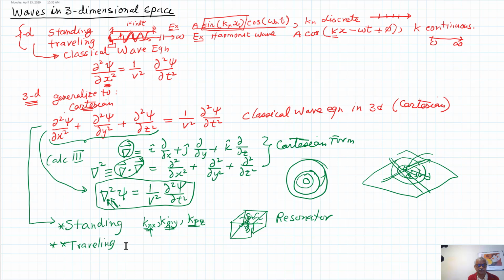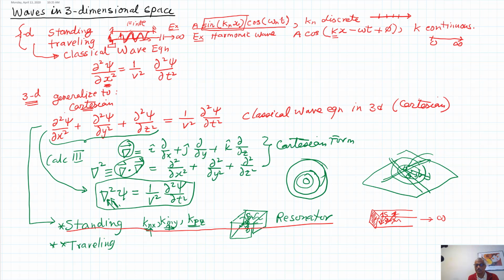Okay, so we still see two kinds of waves. We're going to see a standing wave, which will happen in a resonator. It will also happen if you had a tube like that, and this side went to infinity. Maybe you had a source of a wave, and the wave goes like this, but in these dimensions, top to bottom and front to back, it is finite.